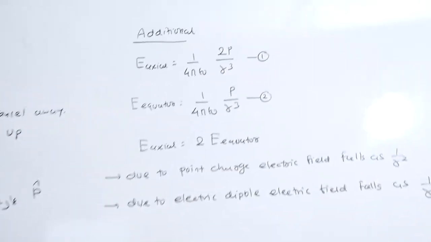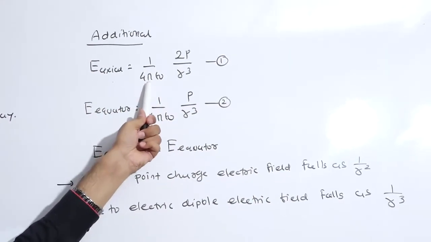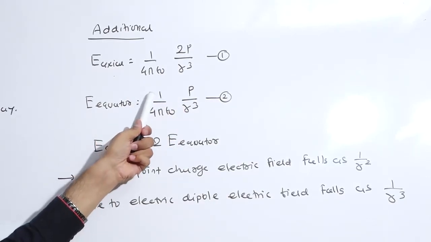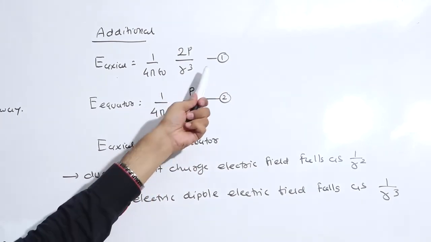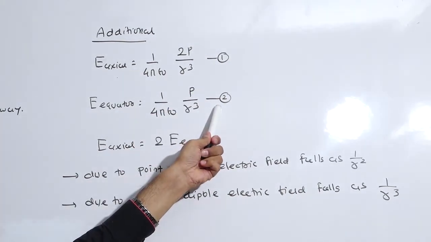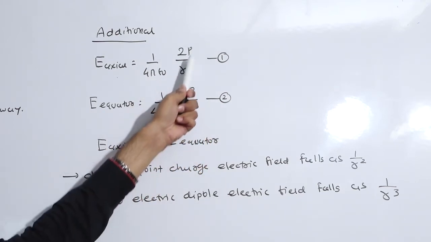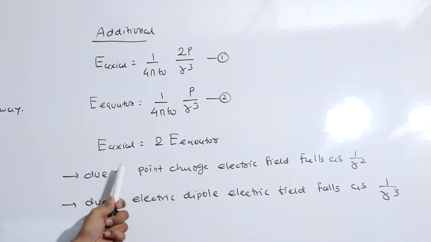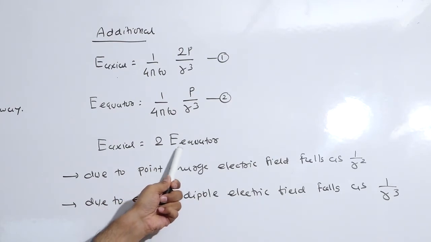Well students, the magnitude of electric field intensity on the axis is 1 upon 4 pi epsilon 0, 2p by r cube. On the equator it is 1 upon 4 pi epsilon 0, p by r cube. Please observe equations 1 and 2. What is the difference between them? On the axis, the electric field intensity is double that of the equator.